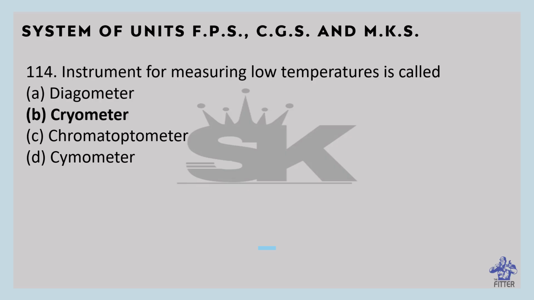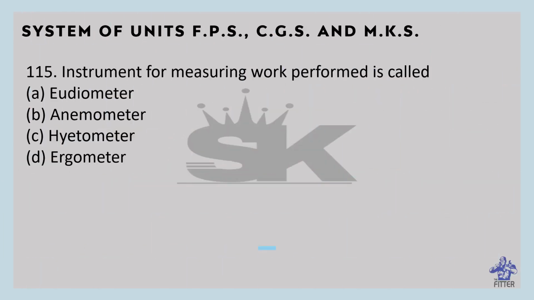Seismometer is used to measure earth motion. Chromatometer is used for color perception. Instrument for measuring work performed is called ergometer.